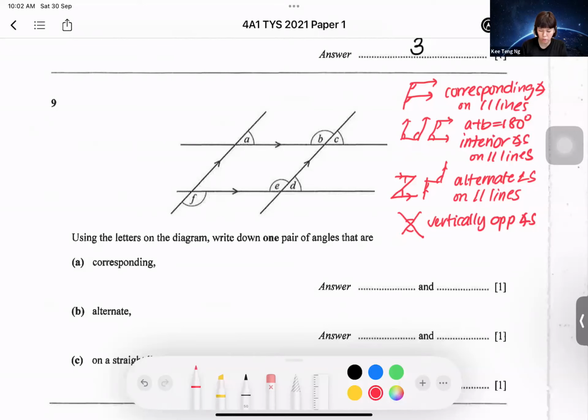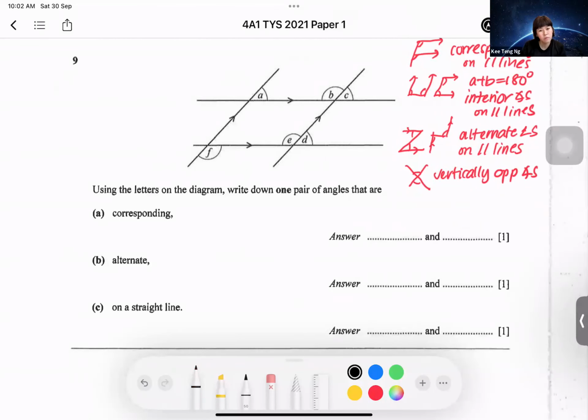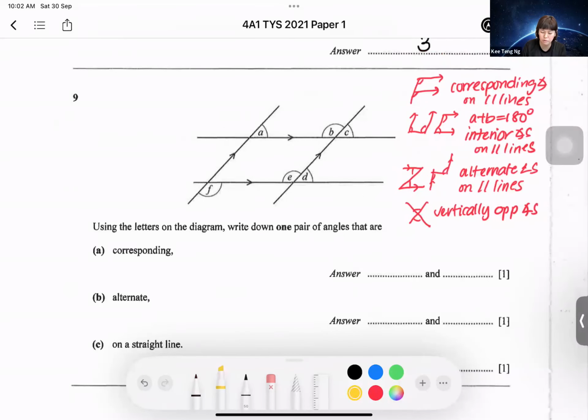Let's take a look at the question over here. They say using the letters on the diagram, write down one pair of angles that are corresponding. So for corresponding, we need to look for letter F. So let me find the parallel lines that have letters. We'll be able to see that you have a letter F. Okay, so this one over here, and then you have this angle and this angle.